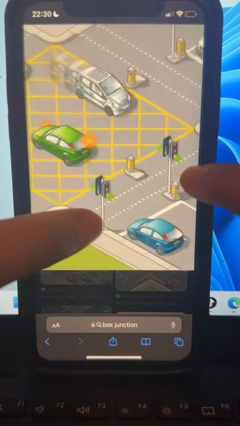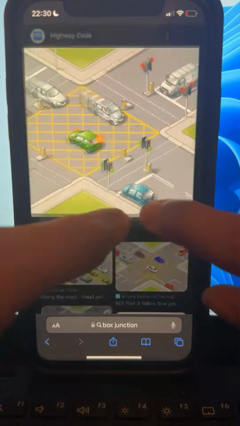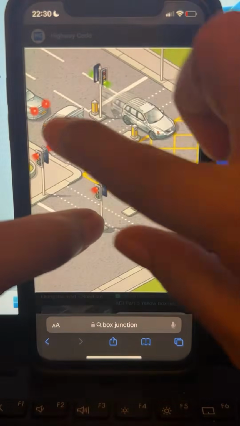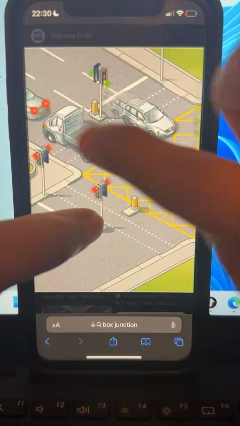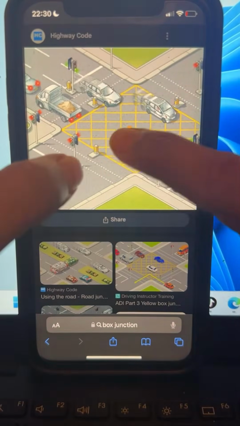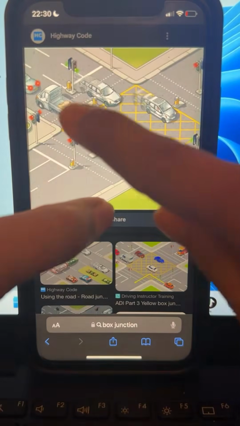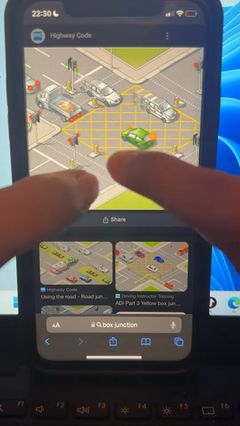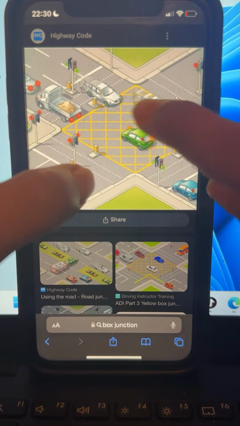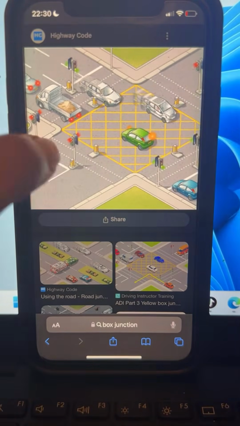So the blue car didn't enter the box junction because the way is not really clear. She's just waiting for the traffic to go, then enters. Don't stop, because if you enter while traffic is there, she will be in the way. Okay, with another traffic here, it will be a big mess inside.